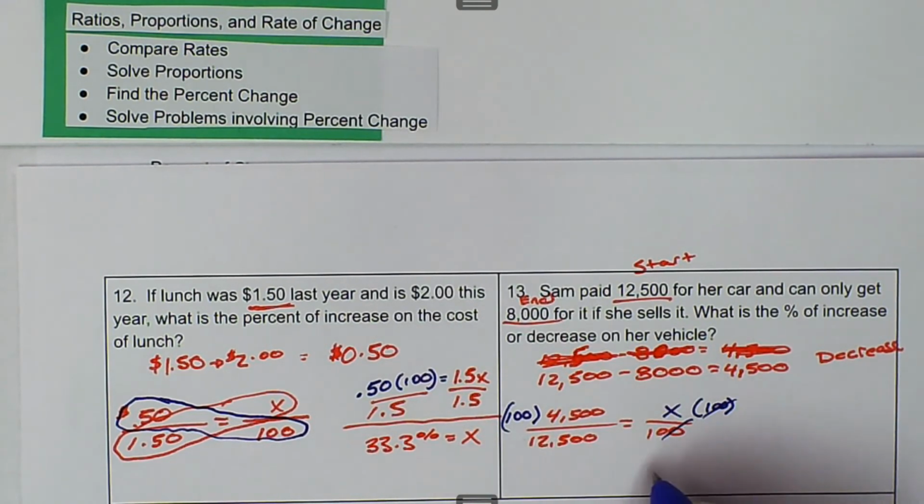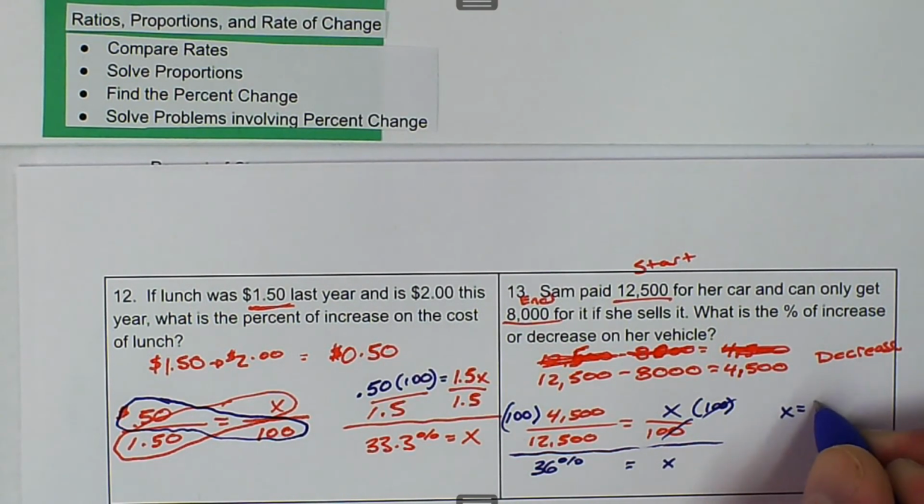That eliminates one of those steps, so I can get done a little quicker. Then we do our math with the calculator, and we end up getting a 36% decrease. So X is equal to 36, and it is a decrease.